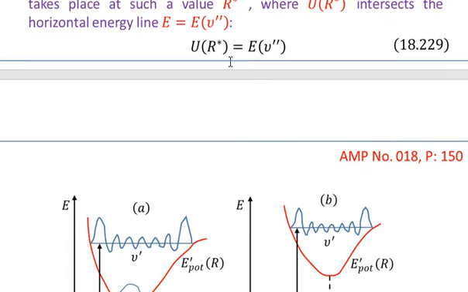So we can write U of R star is equal to E of V double prime, because U of R star intersects this vibrational level V double prime lying in the lower electronic state at two points, R1 star and R2 star. So we have generally written this expression for the Mulliken difference potential, that is U of R star is equal to E of V double prime.